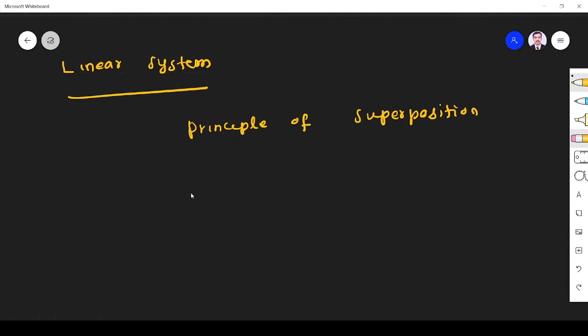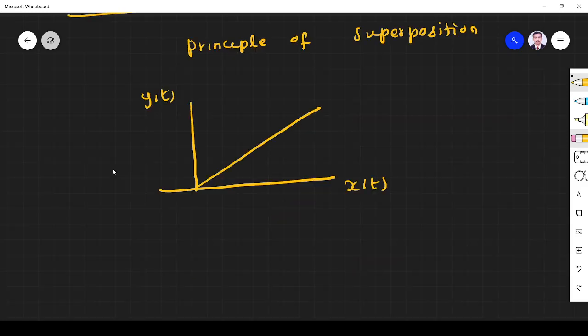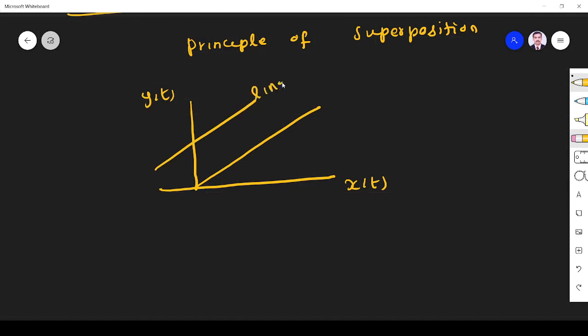We know from our school mathematics, linear means proportionality. So there must be proportionality between input and output. In mathematics, this is a linear system. This is also linear, but in engineering it is not linear.